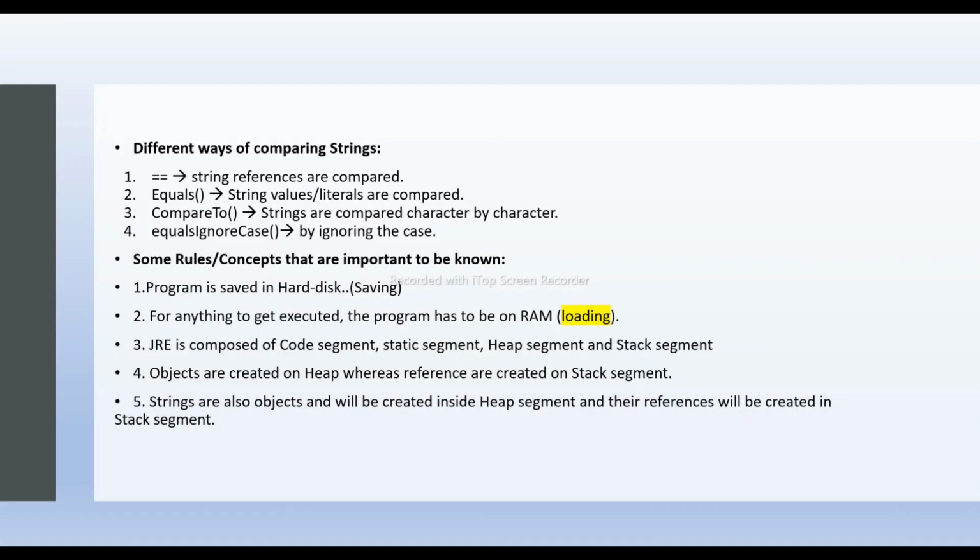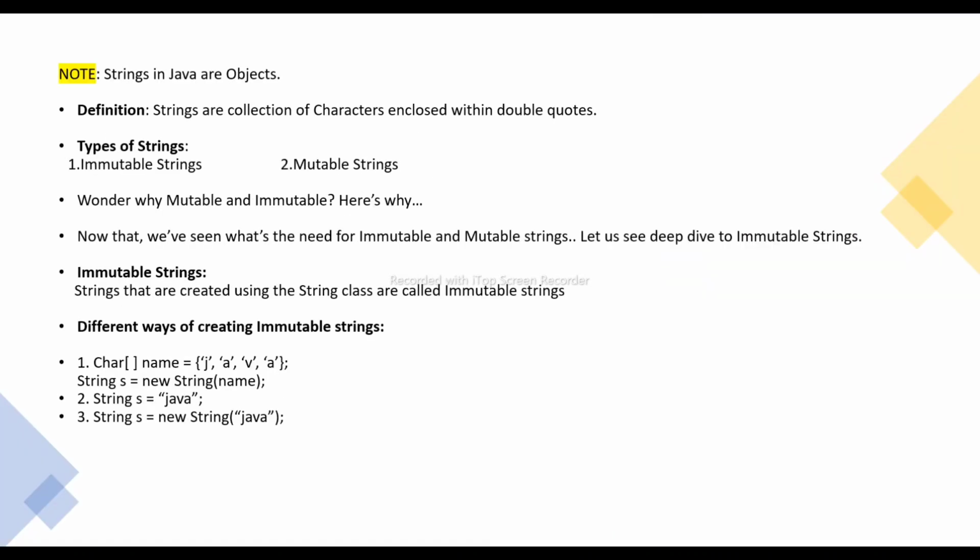In the beginning I showed you different ways of creating immutable strings. If you carefully observe, in the first case I have made use of a keyword called new, and in the third case also I have made use of the keyword new. But in the second case I did not make use of the new keyword.